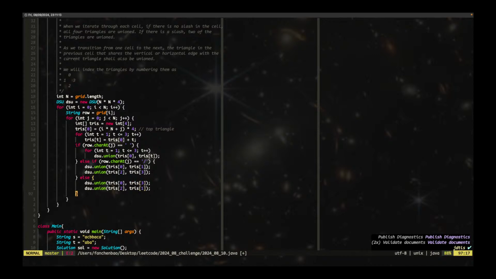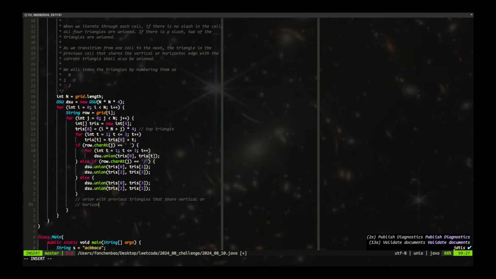Okay, and after we've done all that, we say union with previous triangles, right? Previous triangles that share vertical or horizontal edges.